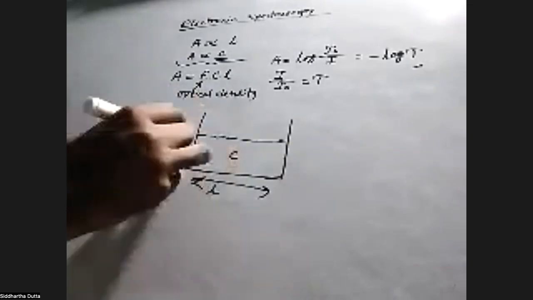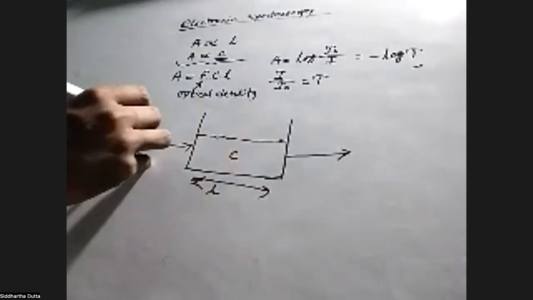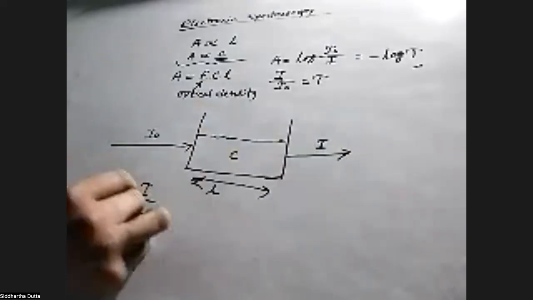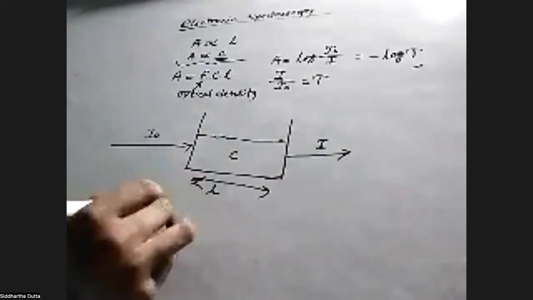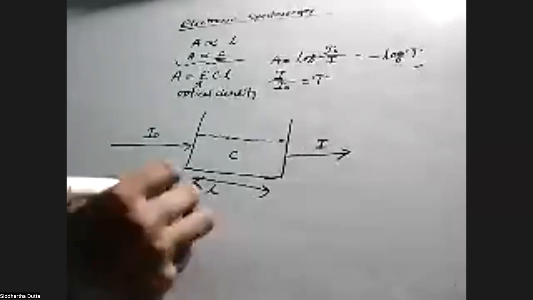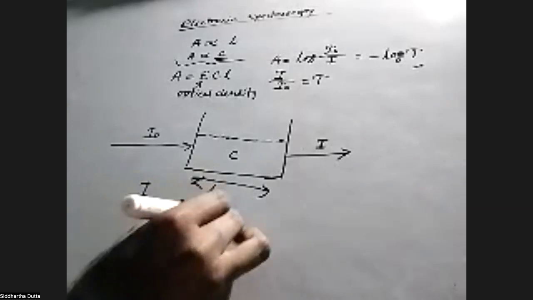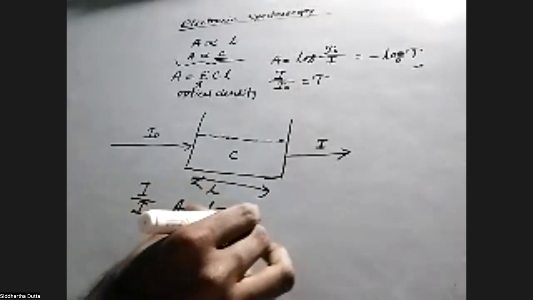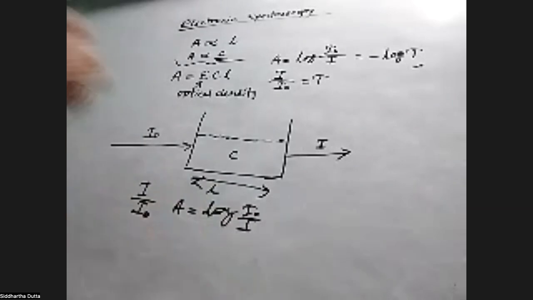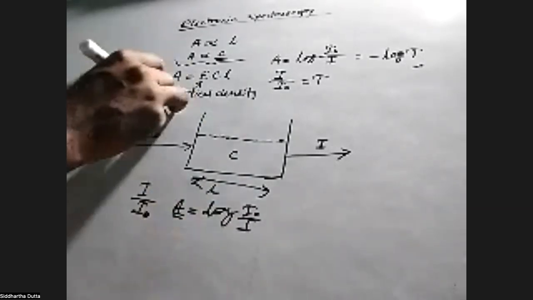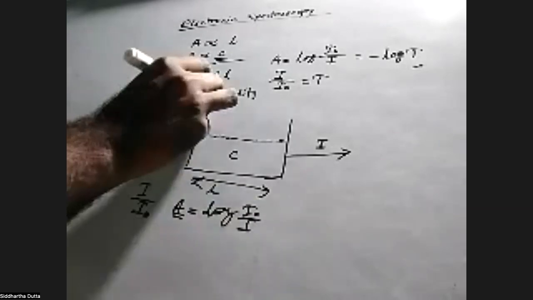If radiation passes through this, the initial intensity is I0 and after it is I, so we can calculate transmittance as I by I0, or absorbance as log I0 by I. Absorbance is an additive quantity, whereas transmittance is a multiplicative property.